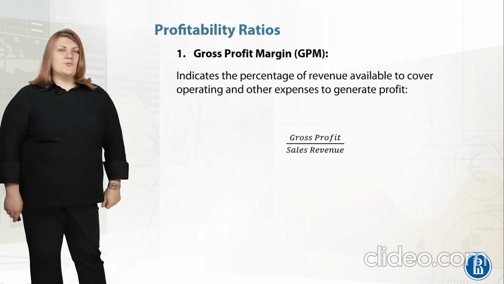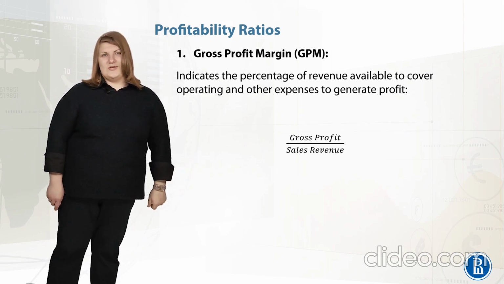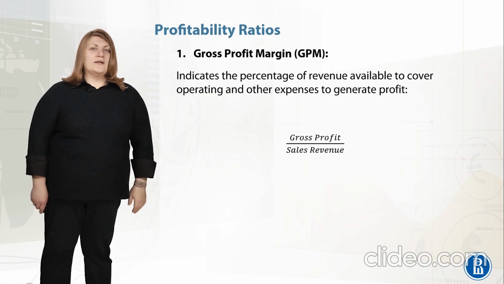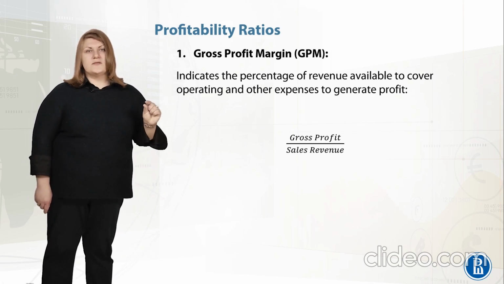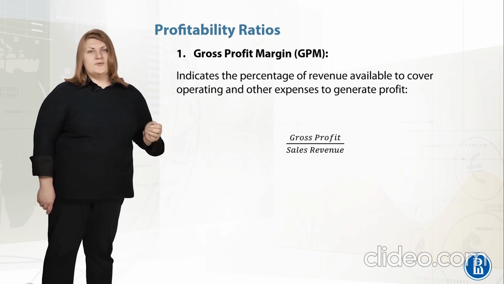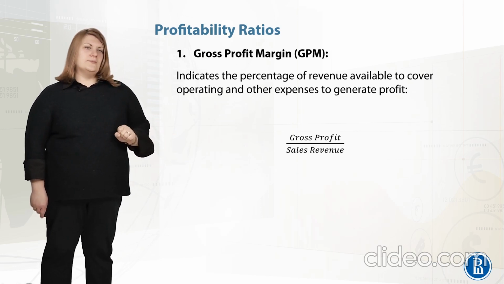The profitability ratios usually start with gross profit margin ratio. The gross profit ratio will indicate the percentage of the sales revenue that is left to pay operating expenses of the business, creditor interests, and income taxes after deducting cost of goods sold.